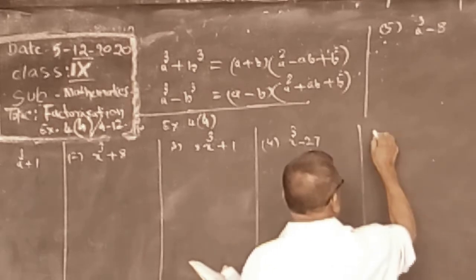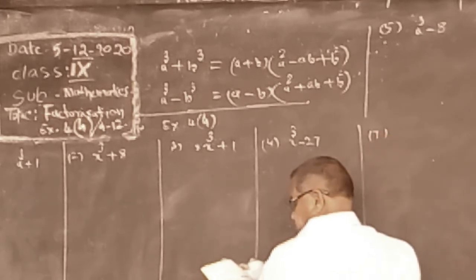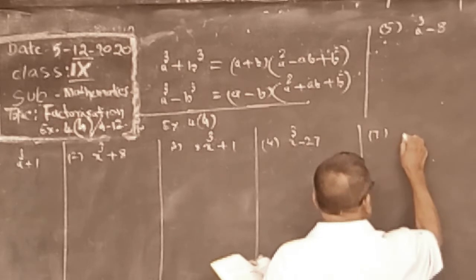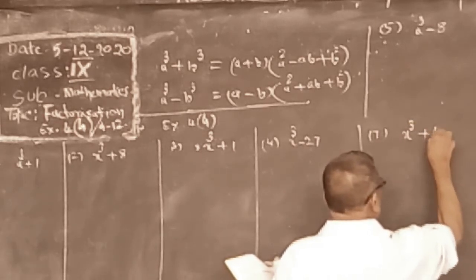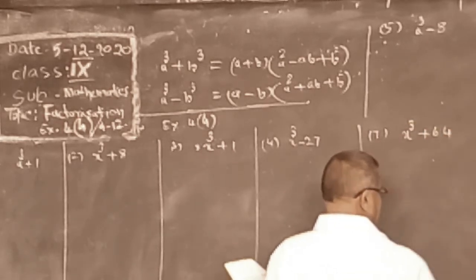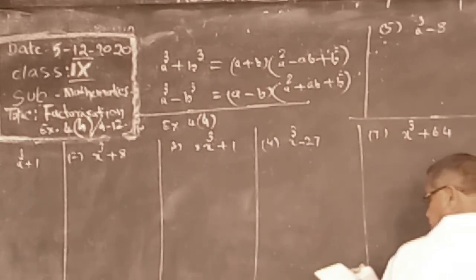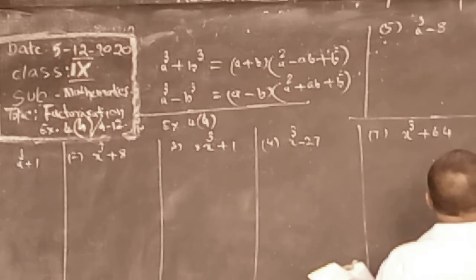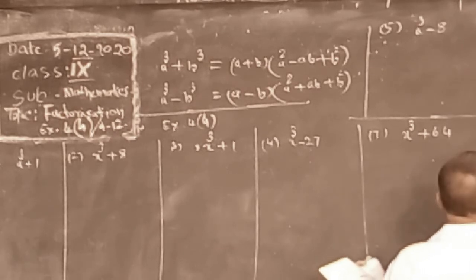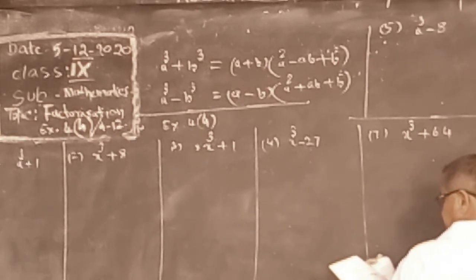Seventh, x cube plus 64. Eighth, 8a cube minus t power 6.